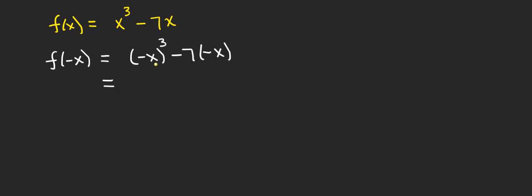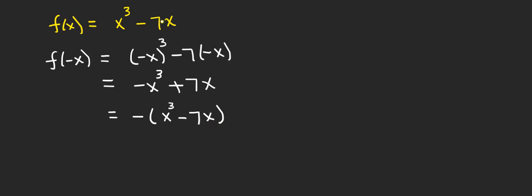You get negative x cubed, but this is the same thing as negative x times negative x times negative x, and what is that? That's positive 7x. And look at this: when you factor out a negative, you get negative quantity x cubed minus 7x, isn't it?